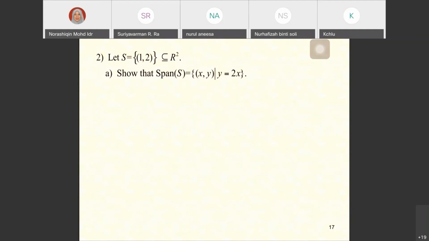As usual, span of S is the linear combination of (1, 2).